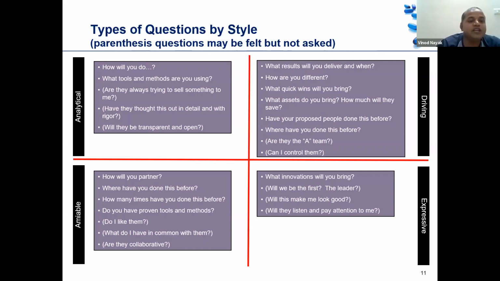What personality or social style do we need to follow? For interacting with the driver mentality, we need a certain way of interaction. If a person is expressive, then the way of interaction would be different.